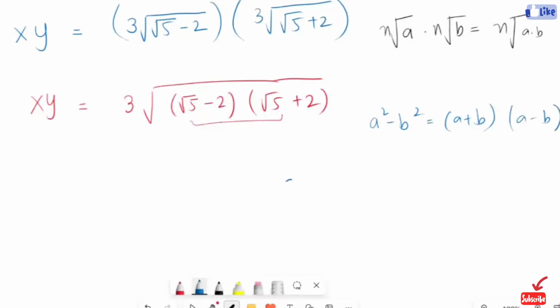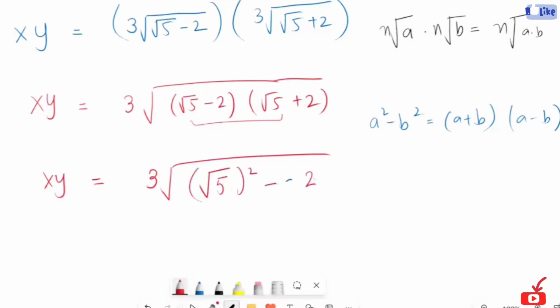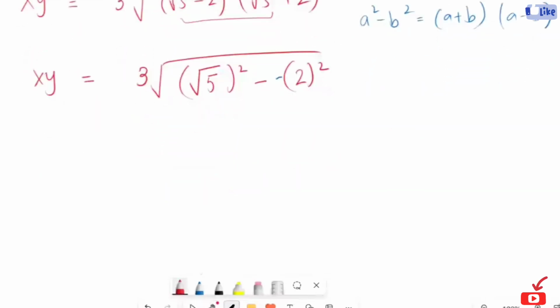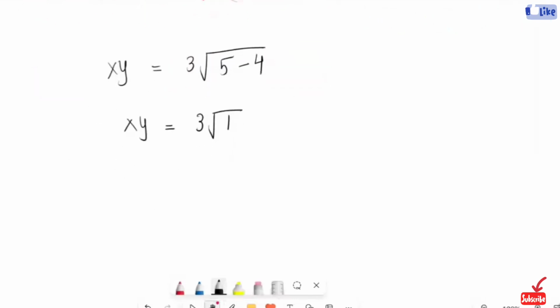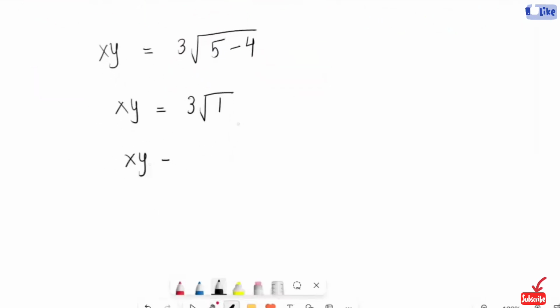Now I am going to apply this here, so it will turn to xy is equal to the cube root of 5 squared minus 2 squared. Here the square and square root get cancelled, so the remaining expression is xy equals the cube root of 5 minus 4, which is the cube root of 1, and the cube root of 1 is always 1. So this is the xy value.